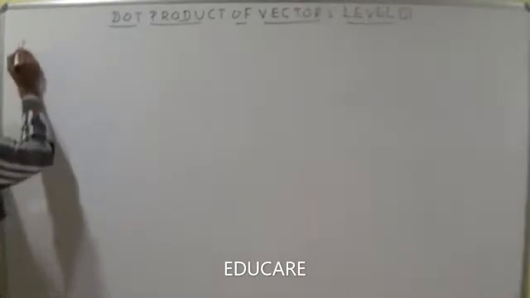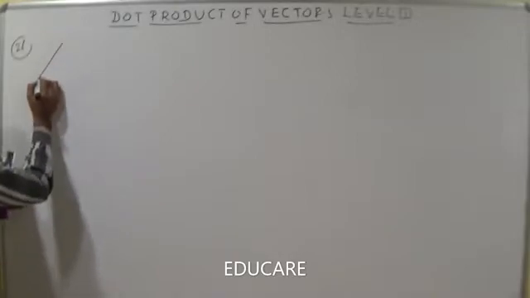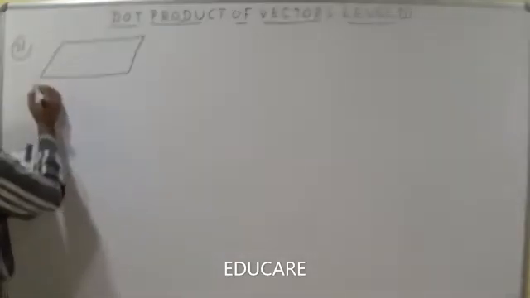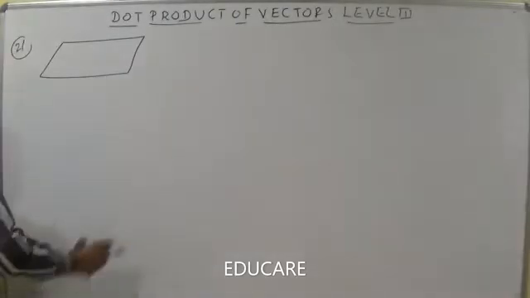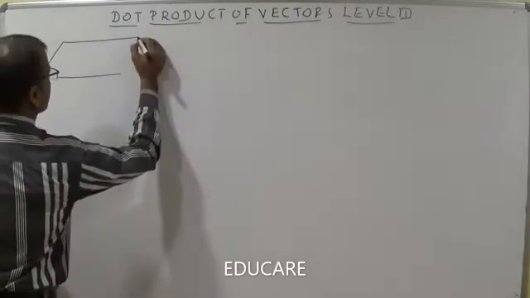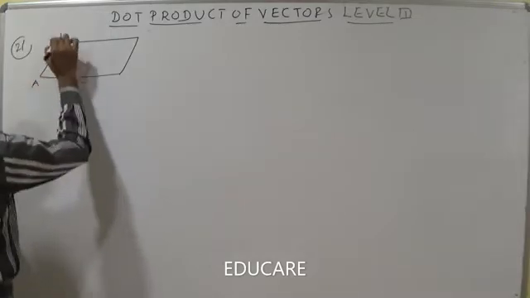This is the 21st question, the level 3 last question. Draw it like this. Let ABCD be a parallelogram such that AB is equal to Q. Properly write it. A, B, C, D.